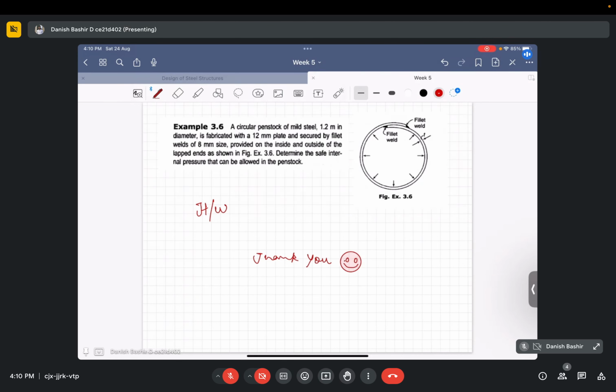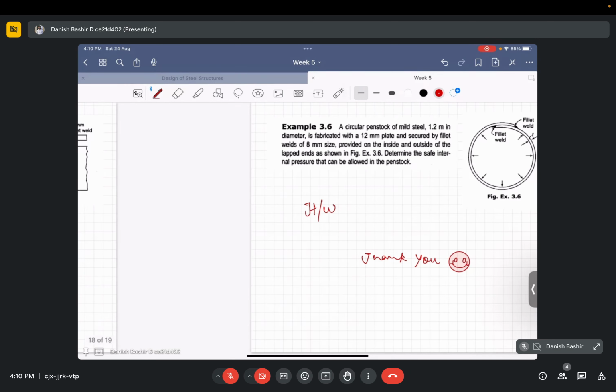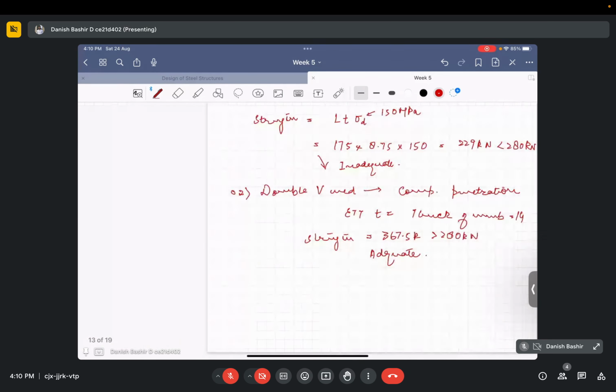Sir, if the fusion angle is given in a certain range, like around 60 to 120, and it is less than 60 or greater than 120, what should we consider for the k value?